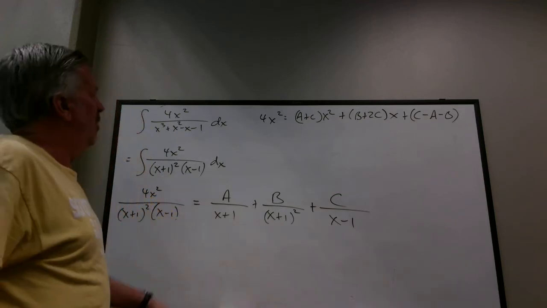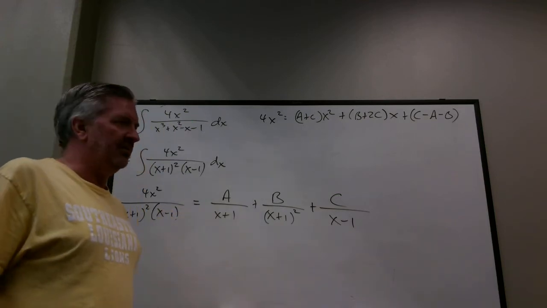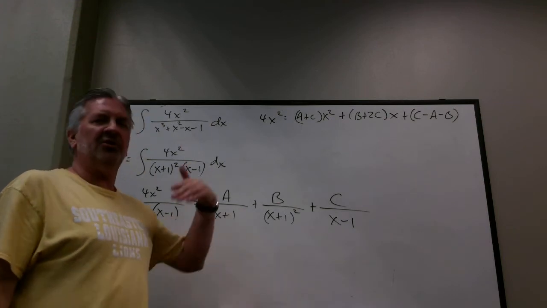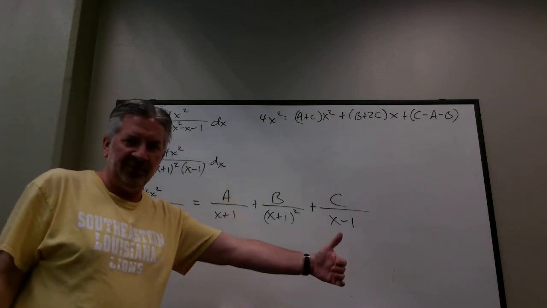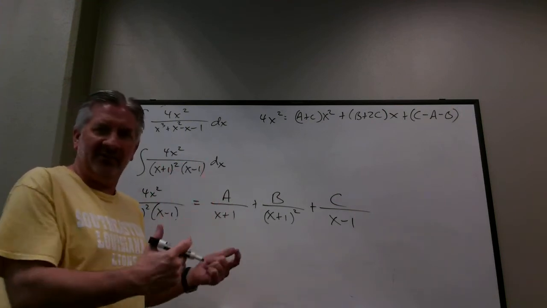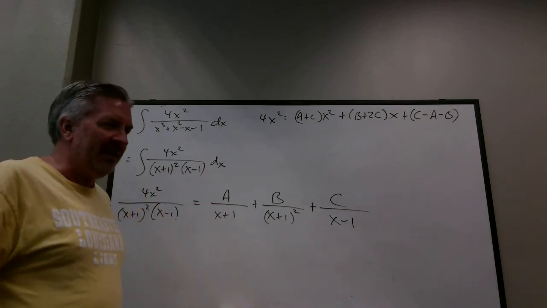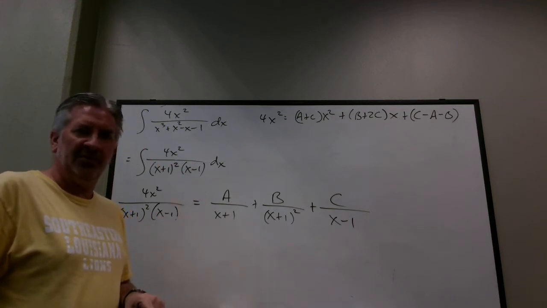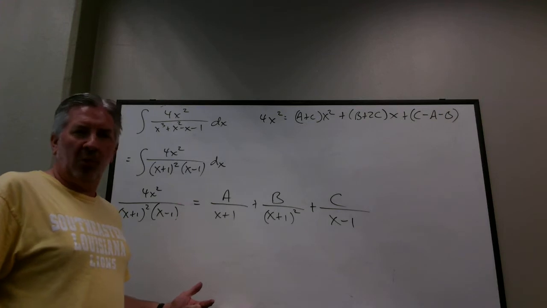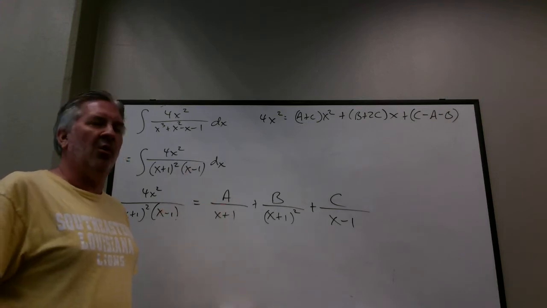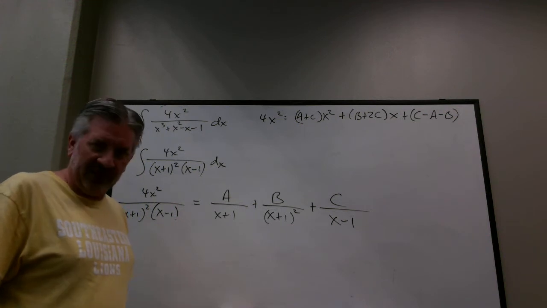Okay, so a fact that you probably learned a long time ago in pre-calc: if you have a polynomial function equal to another polynomial function, as I mentioned, f of x equals g of x, no matter what you plug in for x, they have to give the same answer. But another fact from that is, the only way that can work is if the degrees are the same, so the highest powers are the same, and the corresponding coefficients are the same.